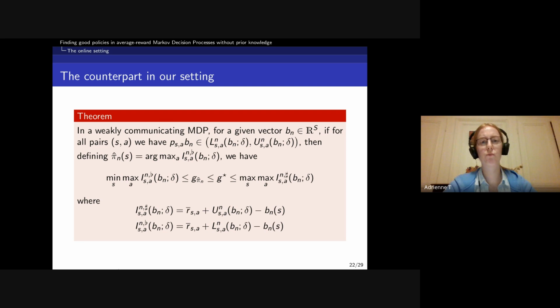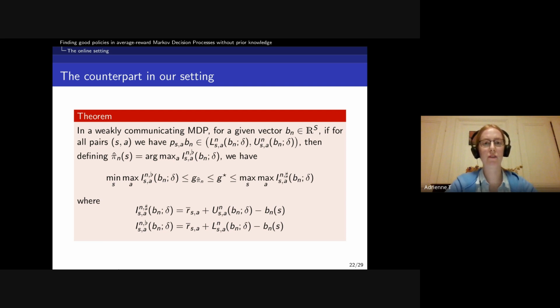For some vector Bn, which looks like a bias vector but might be just any real vector over S, if we have a confidence interval LU for PSA times B, and you also define the quantities I sharp and I flat, which are upper and lower bounds, sorry, of the reward plus PSA B minus B. Then your I sharp is an upper bound, with some probability, of your LV minus V, and your I flat is a lower bound of it.